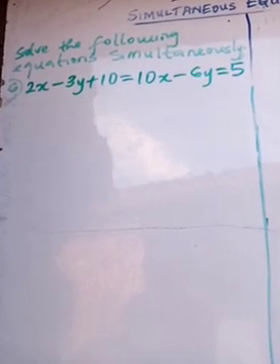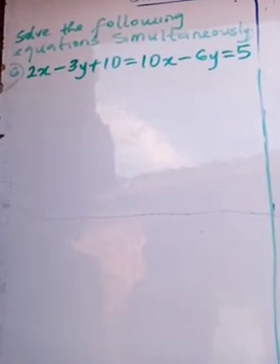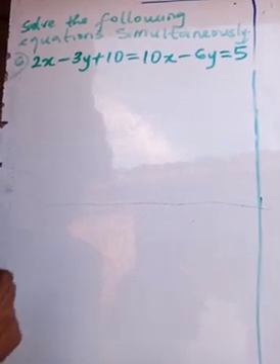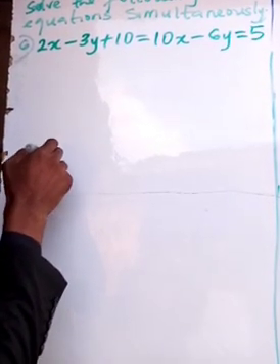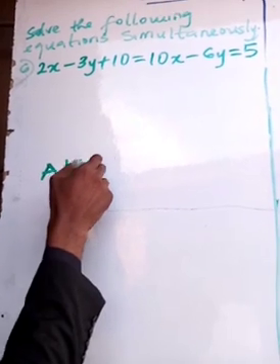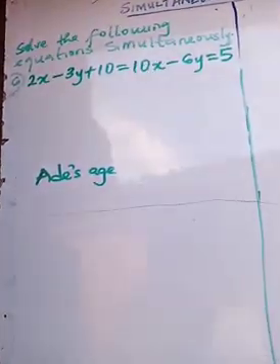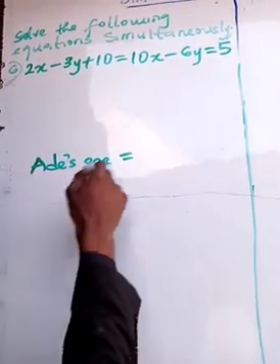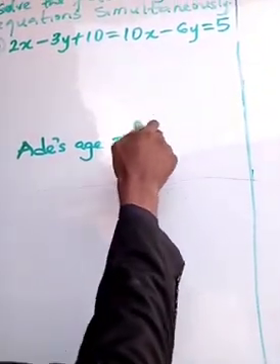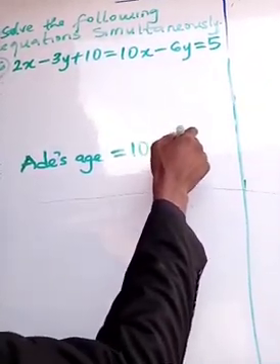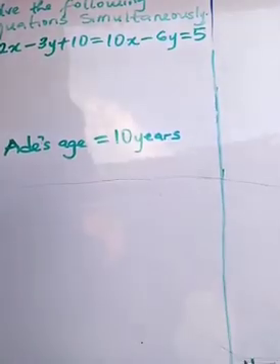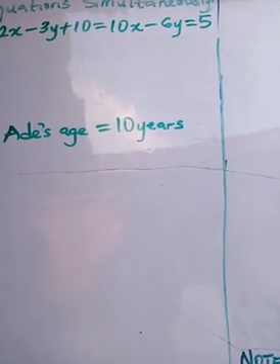Now let me explain something. Let's say we have three individuals. So let's say Ade's age is equal to 10. It's 10 years.